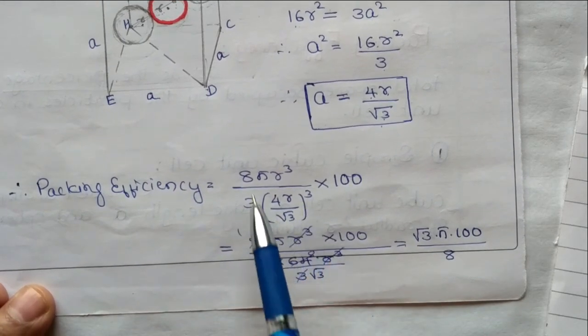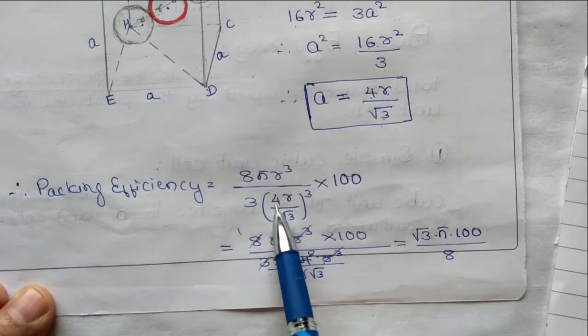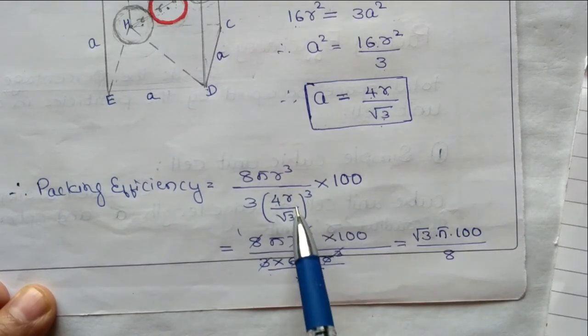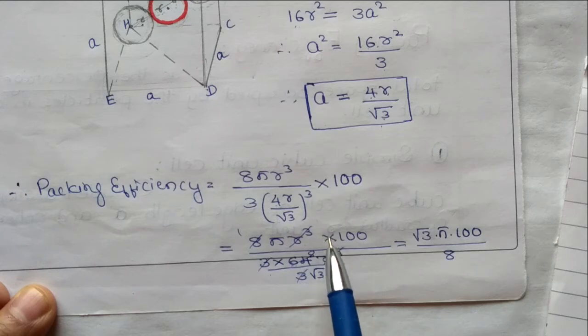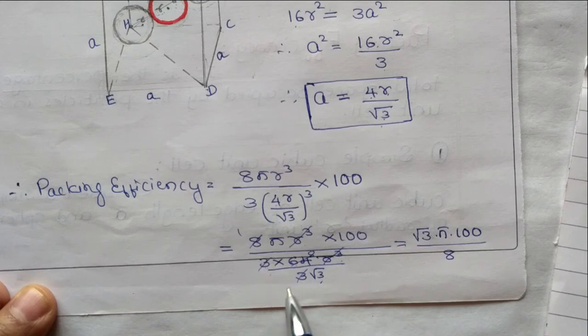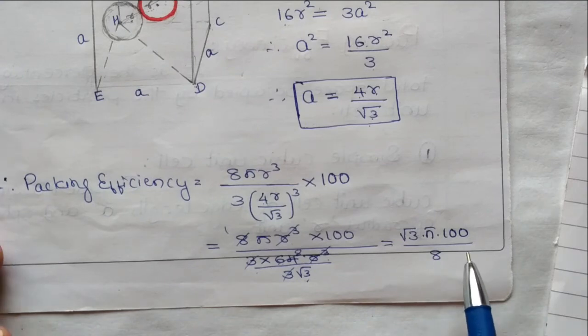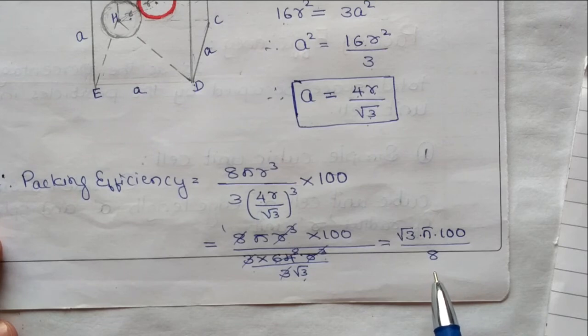Simplify: 8 pi r cube as it is, 3 as it is, 4 cube is 64, r cube as it is, root 3 cube means root 3 into root 3 into root 3, that is 3 root 3, into 100 as it is. r cube cancels, 3 cancels, and 8 ones are 8, 8 eights are 64. So that becomes root 3 pi into 100 divided by 8.